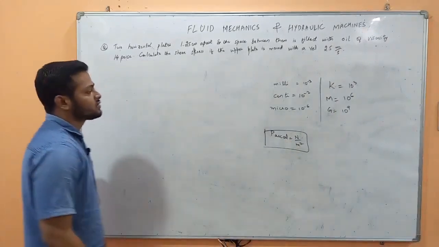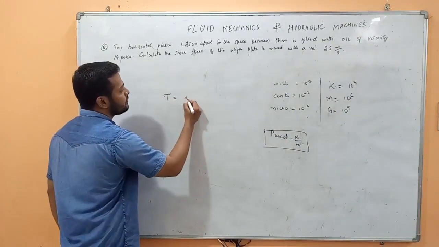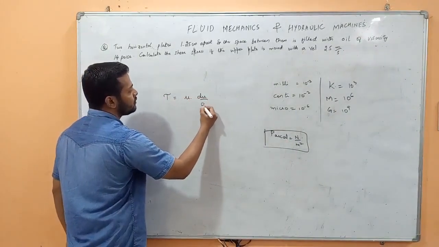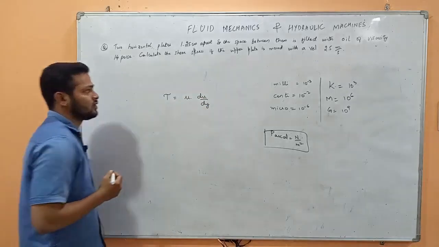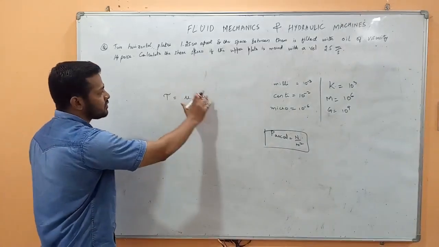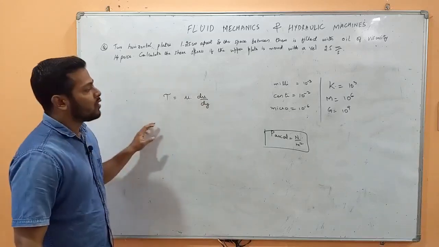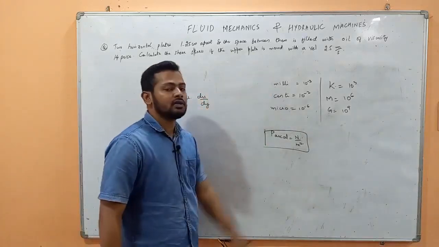Okay, what is Newton's law of viscosity formula? Tau is equal to mu into du by dy. So you have to check which terms are given in the question with the help of the units given in the question.